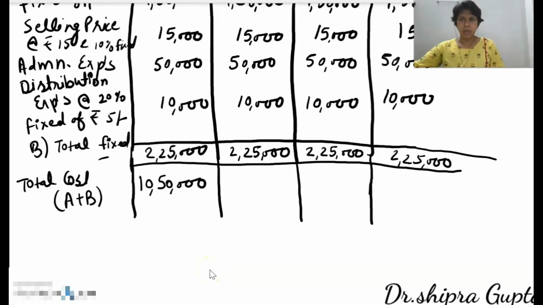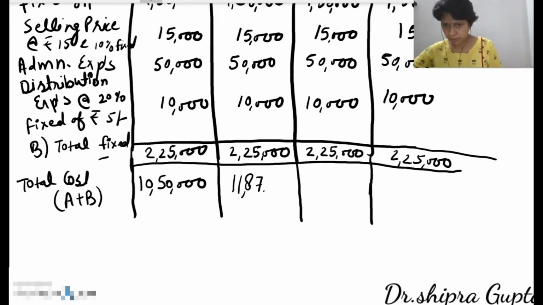We get 10,50,000. And now the total of the 7,000 column, adding total variable cost and total fixed cost, is 11,87,500 rupees.